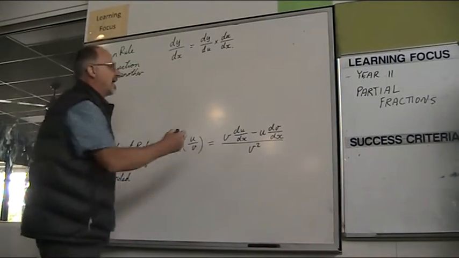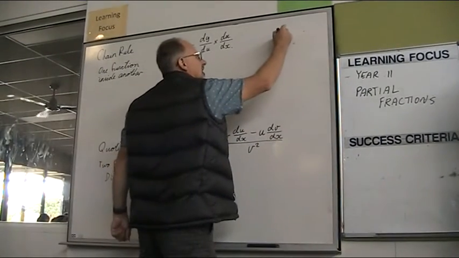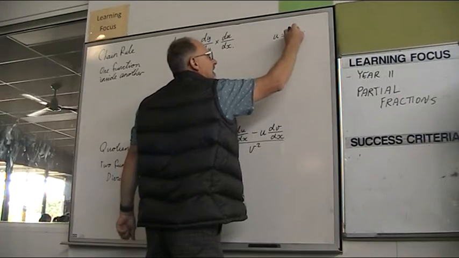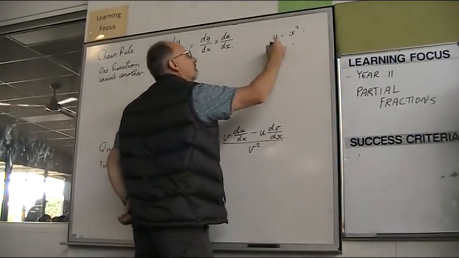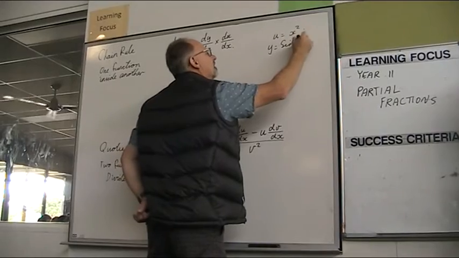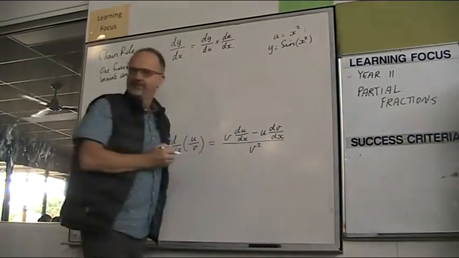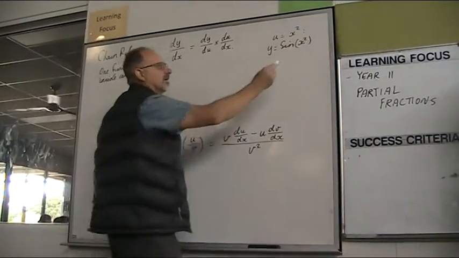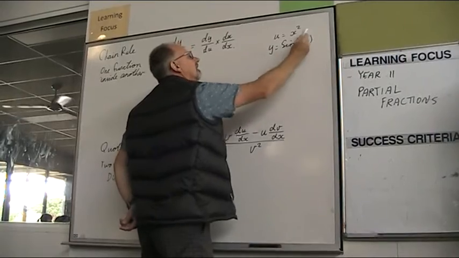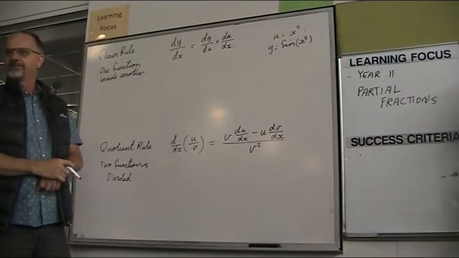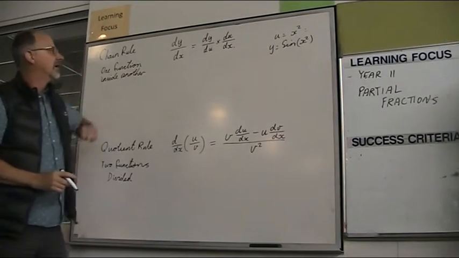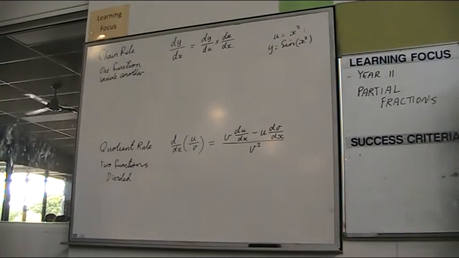For example, u might be x squared, and we might have y equals sine of x squared. So you've got a function, x squared, inside another function, sine, and we use the chain rule when we have that kind of thing.